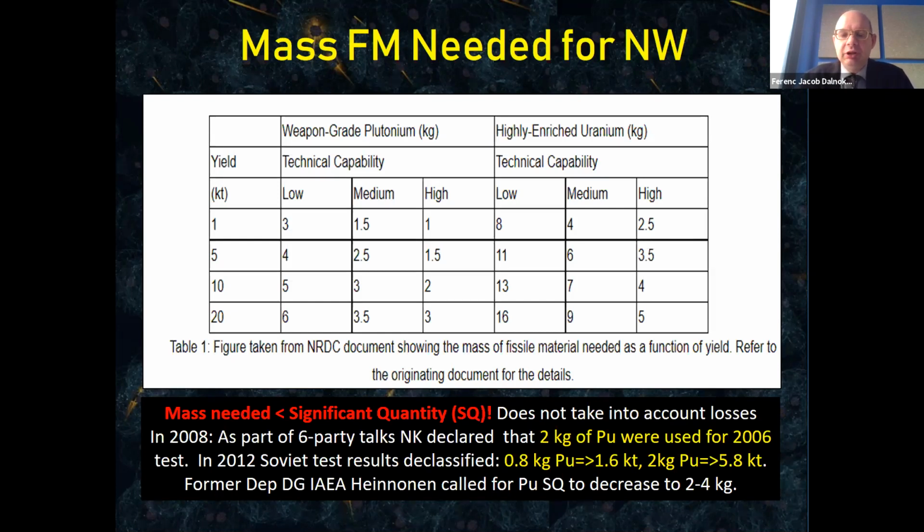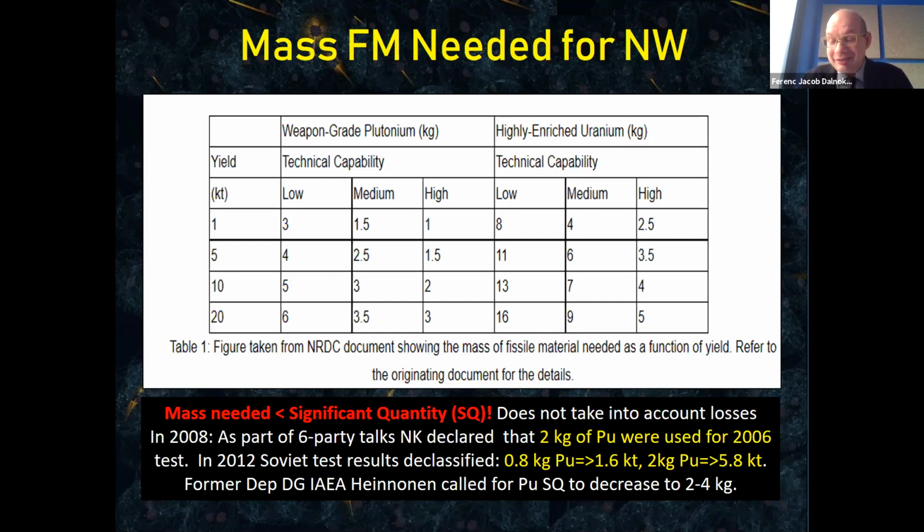So you need to enrich it further so that the fraction of U-235 compared to U-238 is as high as 90%. That's the first thing you need to do. And if you assemble that amount of material, you can use it even for a gun-type bomb.